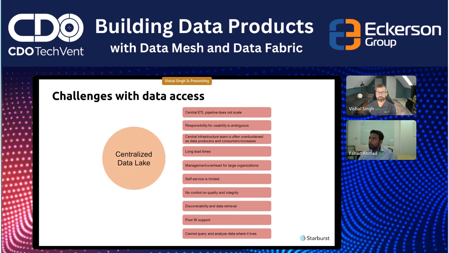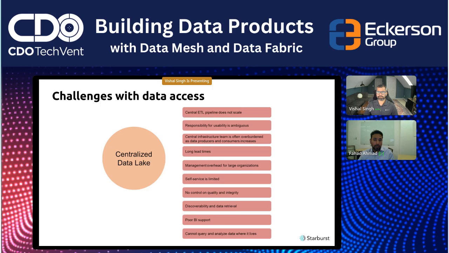And for them, it was really difficult to go from raw data to an acceptable quality of data that they can use for their analyses, right? And then, like I said, there was ambiguity about who takes that responsibility, and the central team, because of such a large scale and volume of data, was not able to support it.